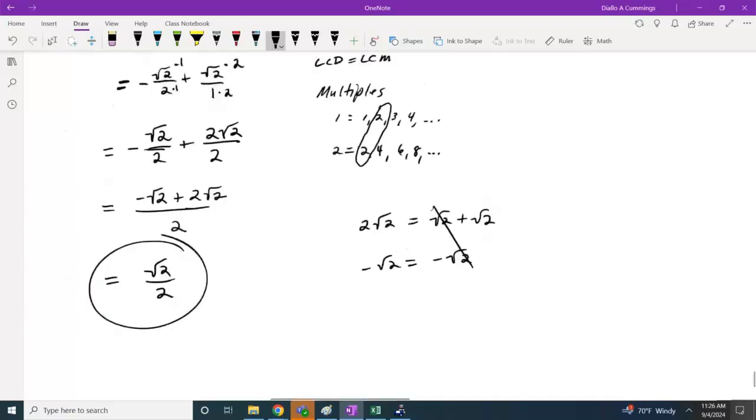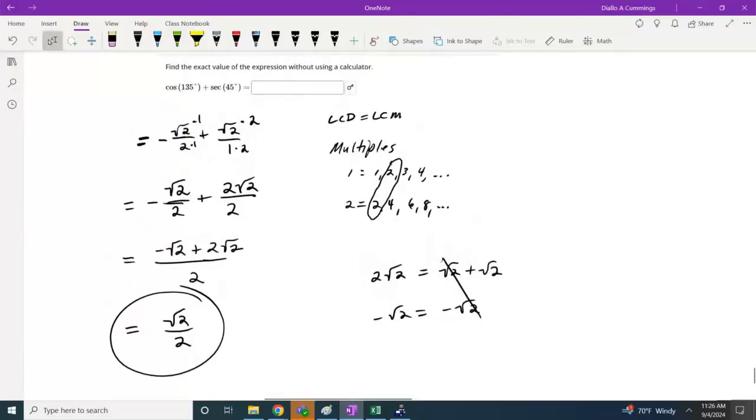So once I simplify, the cosine of 135 plus the secant of 45, I should get positive square root of 2 over 2. Any questions about that one? Especially the square root stuff, because it's probably been a minute since you have played with radicals.